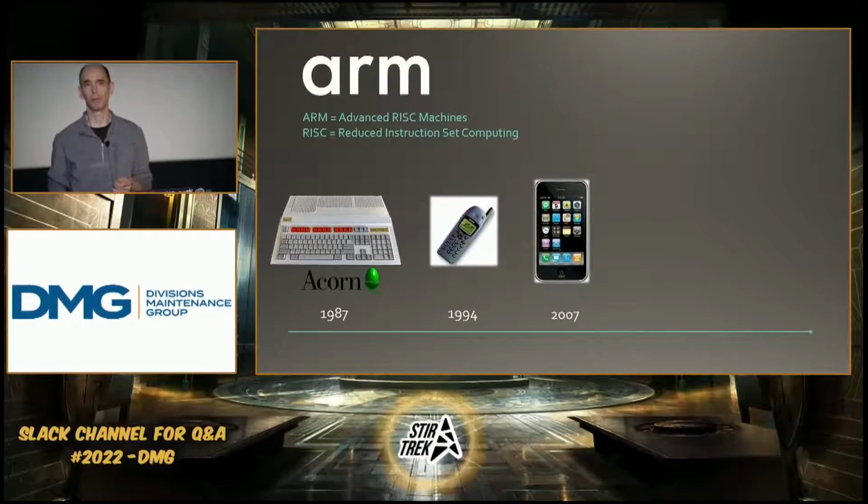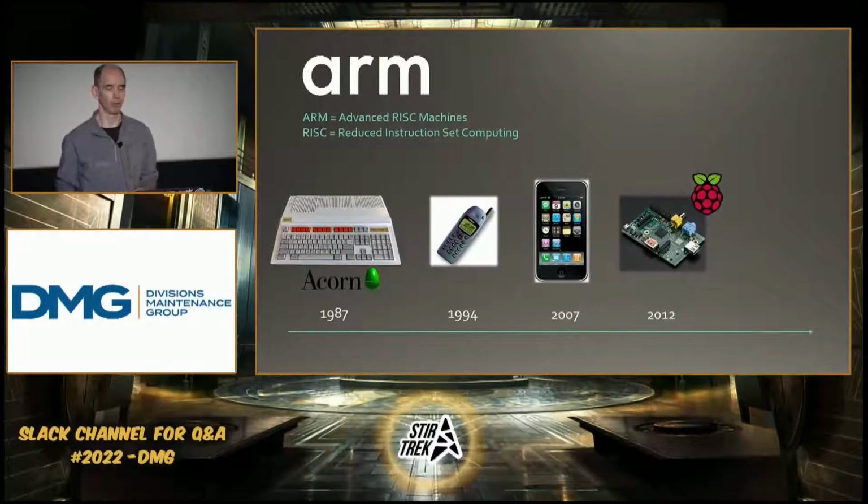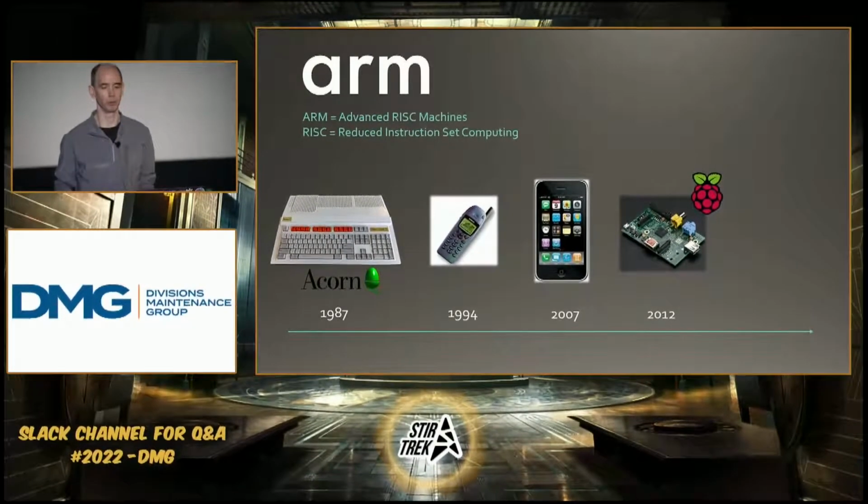Go forward a bit further, we've got the first iPhone. And again, this used an ARM architecture because of those low power characteristics. Now, many of you have got stacks of these at home. I know I have. The various Raspberry Pi devices, different generations, they've all been ARM-based. As the generations have gone on, they've got more advanced, had more CPU cores, and had more power.